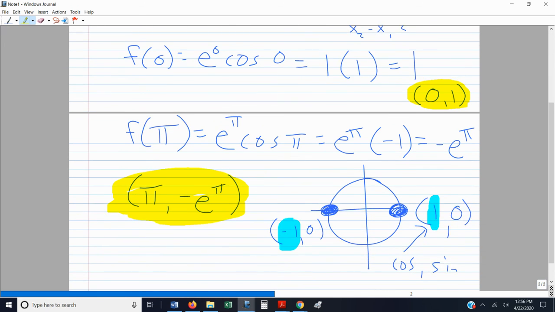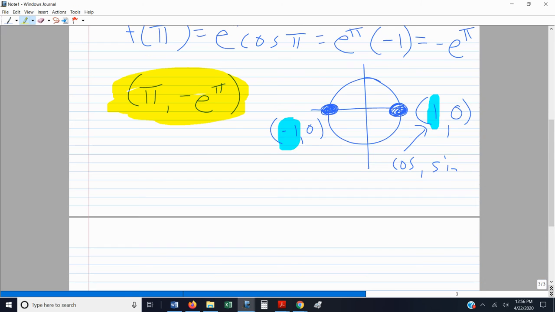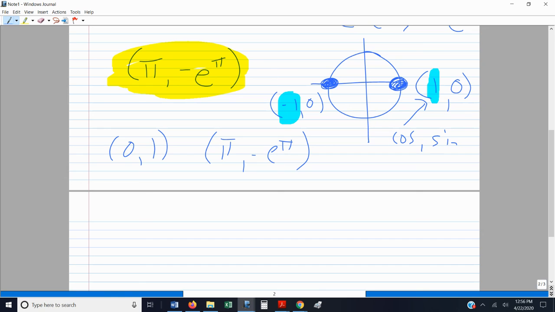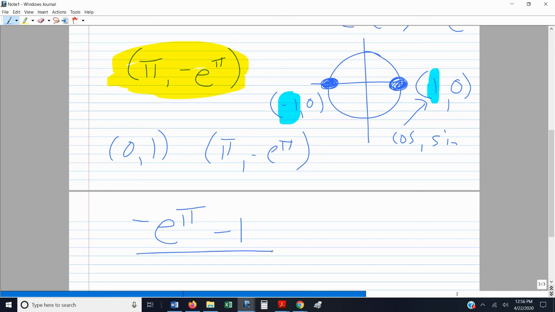So the very last thing you'll do is use your slope formula between 0, 1 and pi, -e to the pi and find the slope, and that's it. So I'm going to subtract the y values, negative e to the pi minus 1. I'm going to subtract the x values, pi minus 0. You could also have 1 minus negative e to the pi and 0 minus pi.